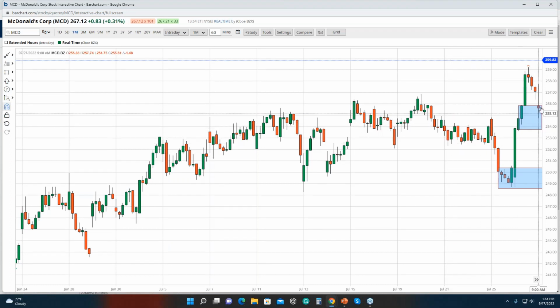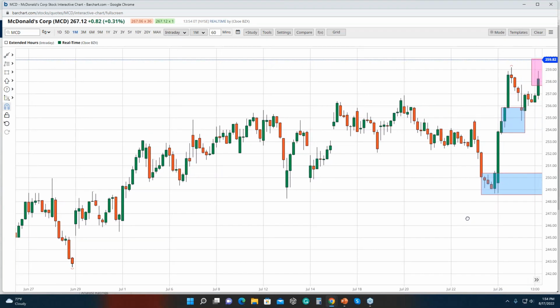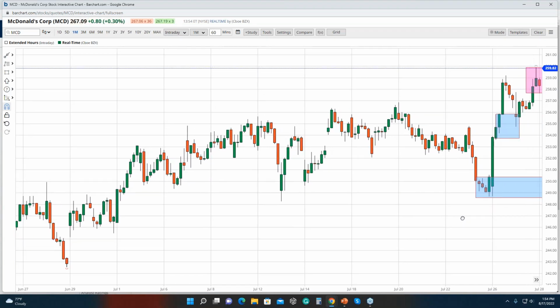I'm risking $2 here to try to make $6. Am I going to get that? It doesn't look like that at this moment. Now, what could happen is price could fall deeper in the zone where I risk only, let's say, $1 or $1.50, and then this target might be doable, right? But what does price do? It kind of meanders, then it does reach that target.